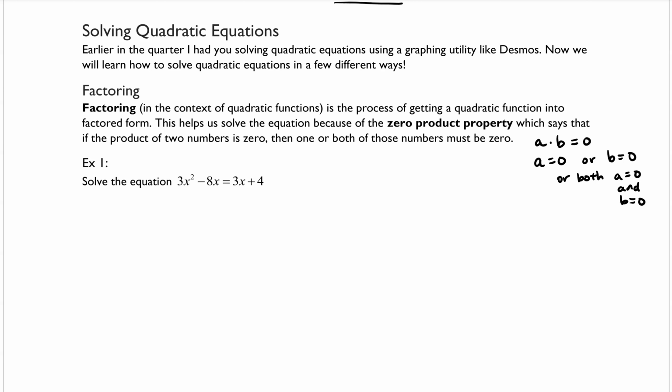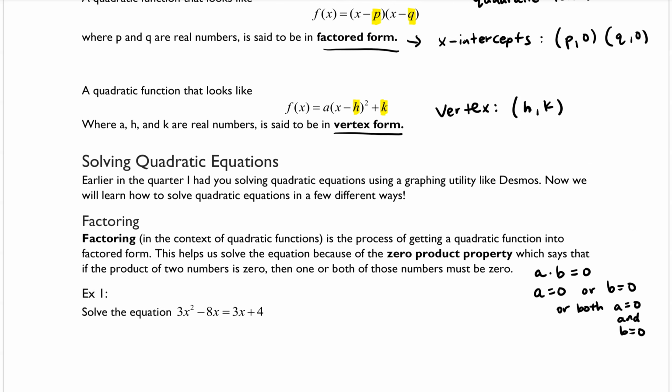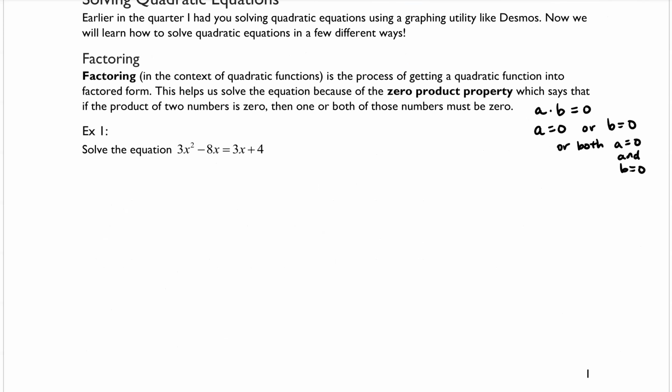So let's solve this first example. It says solve the equation 3x squared minus 8x equals 3x plus 4. And we're going to do this by factoring. However, first we need to get everything on one side. And so I'm going to subtract 3x and 4 from both sides.